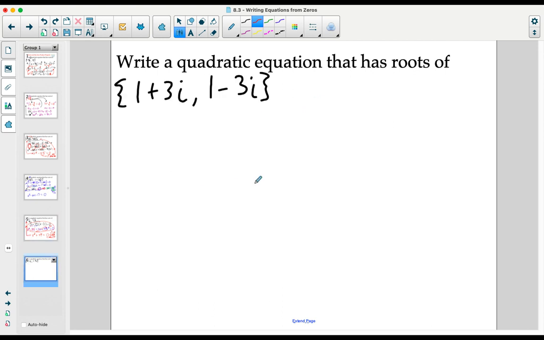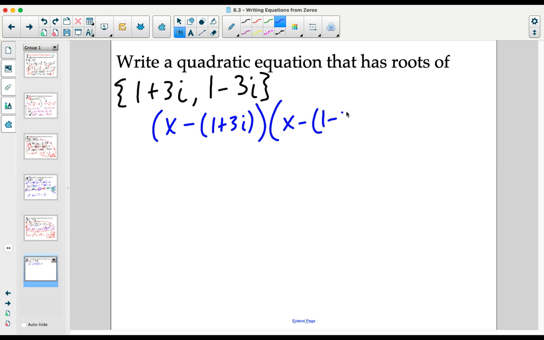All right, what if our solution is a full complex number with a real part and an imaginary part? Well, you guessed it. We're going to do this one the exact same way that we did the others. x minus our first solution, and then minus our second solution. All of that is equal to 0.